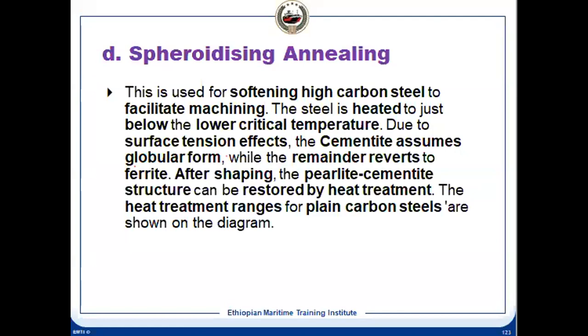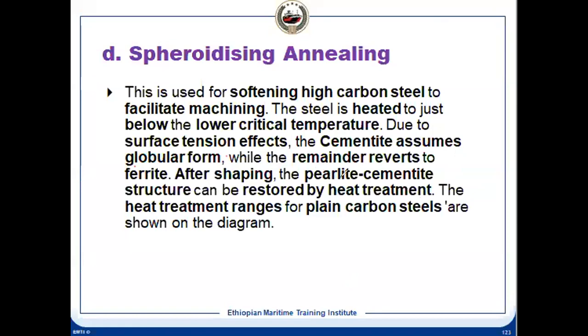Because our structure should be a strong structure, but in that strong structure we cannot do machining. That's why we do this type of annealing, and then we do the machining. After that we do the heat treatment, so that we get the required pearlite and cementite structure.